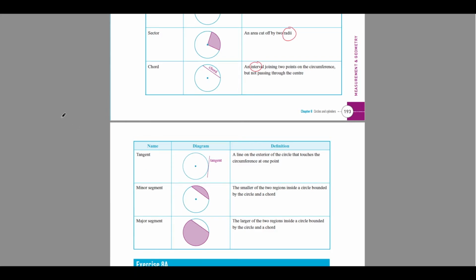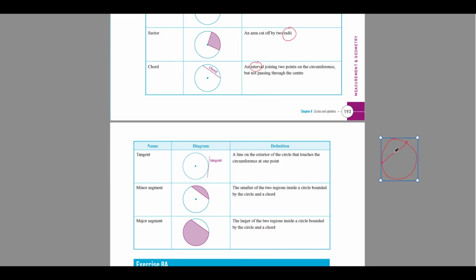So just to explain again, if I draw a circle, and I draw a chord, a chord is basically a line that joins 2 points on the circumference.